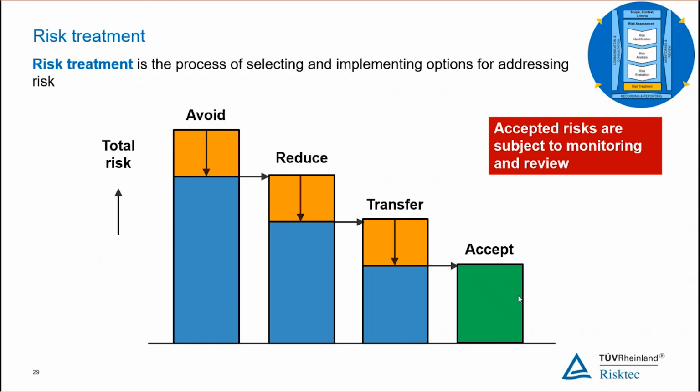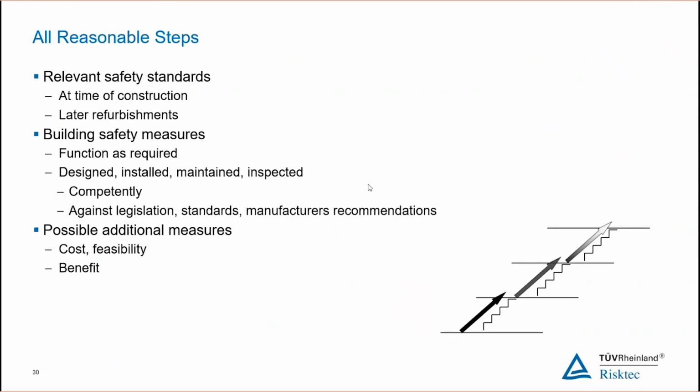But this acceptance means that we have to continue to monitor and review. You are making the claim that these controls manage these scenarios, therefore those controls have to be monitored and reviewed to make sure that argument still remains the same. I mentioned that when we're talking about reduction in risk, there's the possibility of doing further things. Have we taken all reasonable steps to manage this?